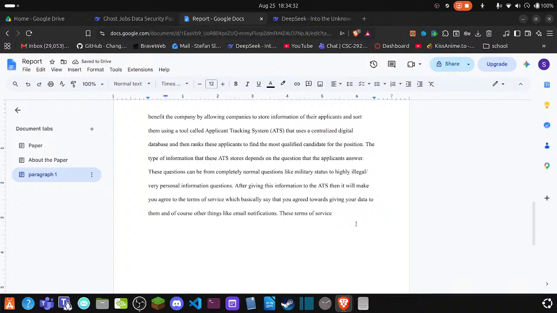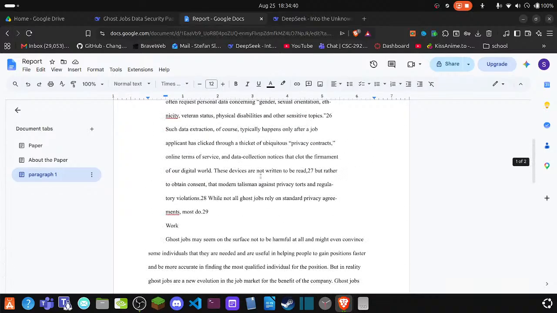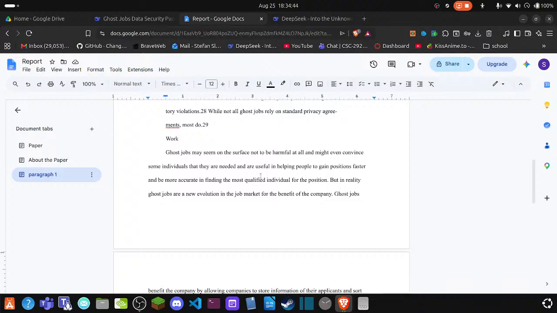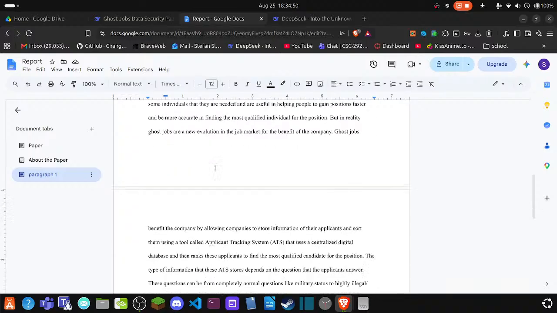So it makes a point like, who reads terms of services? Which, yeah, I think if you ask anybody, they would all agree nobody reads terms of services. While not all ghost jobs rely on standard privacy agreements, most do.